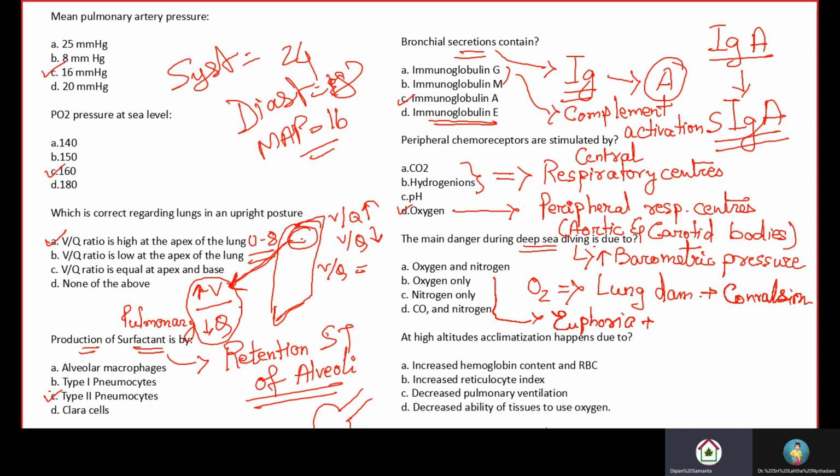Another thing is that high pressure nervous syndrome can occur from deep sea diving, characterized by tremors and somnolence. Another thing, decompression sickness occurs, with pain, paralysis, and air embolism, which can cause sudden death. So these are the problems associated.